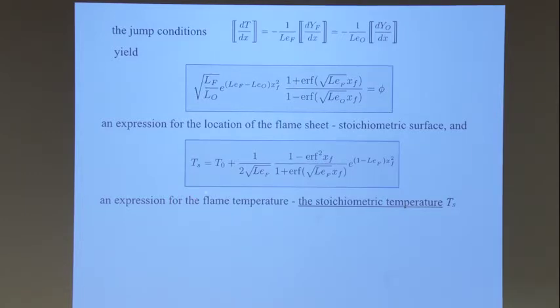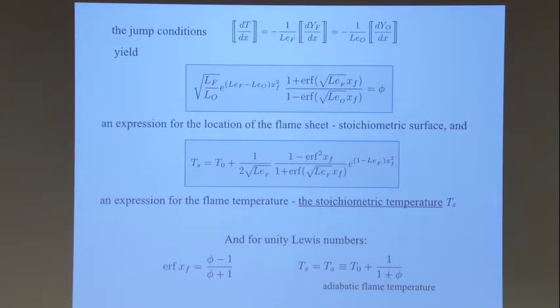And you can write an expression for the flame temperature, which is the stoichiometric temperature. And again, as before, it depends on the Lewis number. And if you assume that the Lewis number is 1, then the expression reduces to this simple relation. On the right, specifically, it's exactly the adiabatic flame temperature.